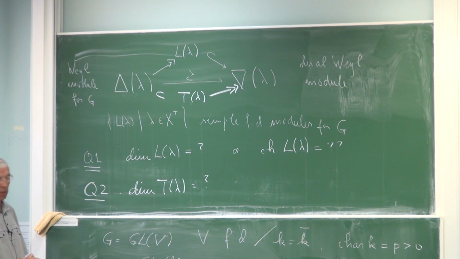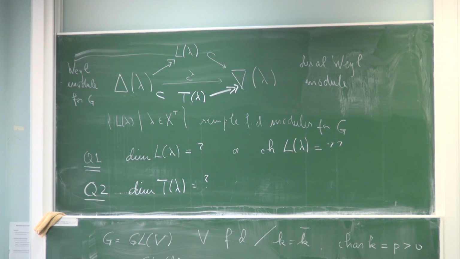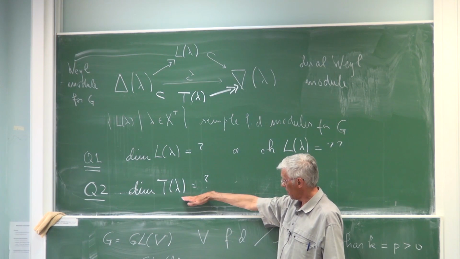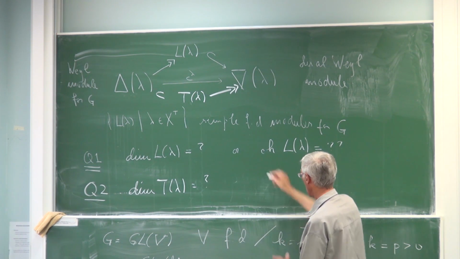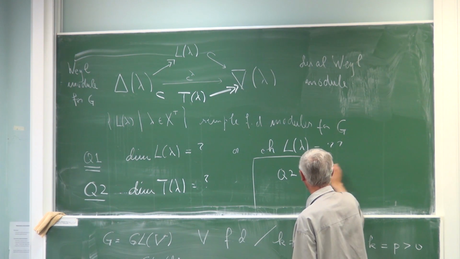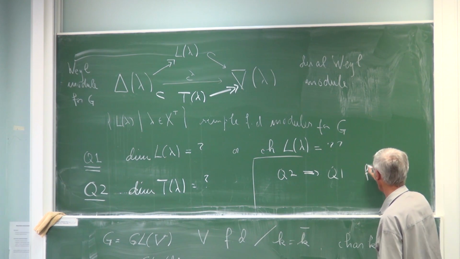But not so in characteristic p. And one of the big obstacles in the theory is that, as I promised, this second question is in fact harder than this one. One of the things I will say more about in a little while is that in fact Q2 does imply Q1, at least for most primes.